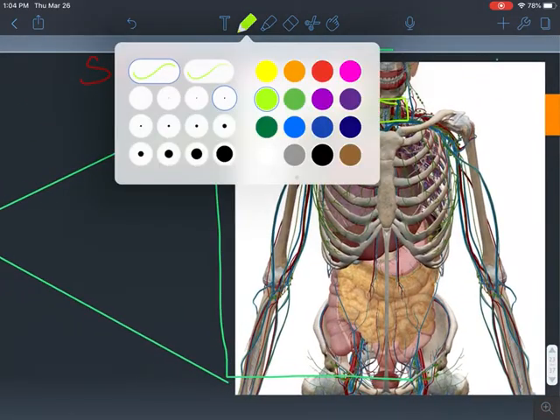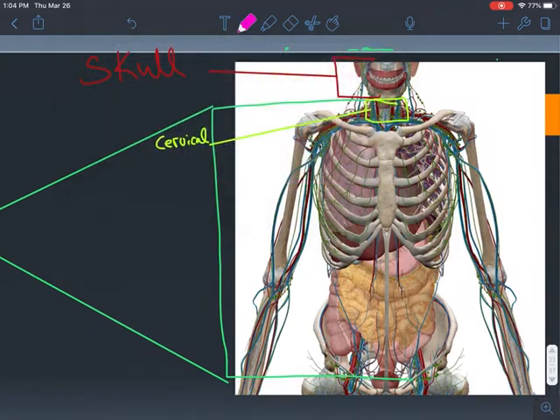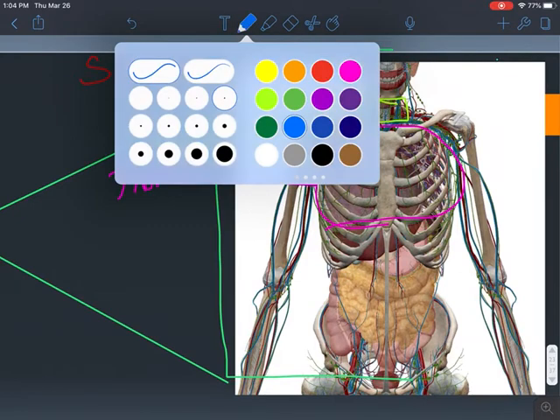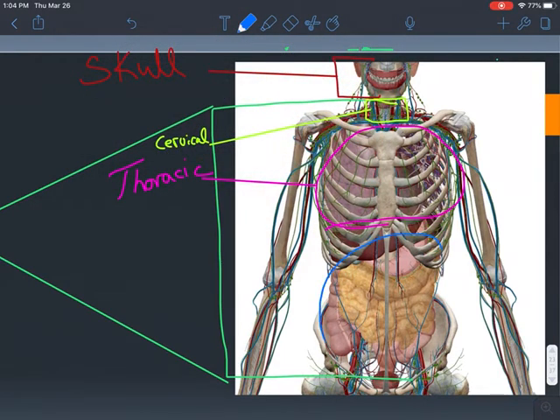Just inferior to your cervical region, you have this region here. Let me make that a little smaller. That is your thoracic region. These are all regions, right? And then inferior to that, you have your abdominal region, which is all right here.